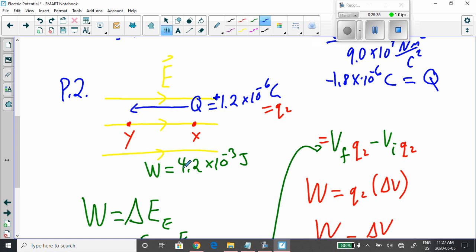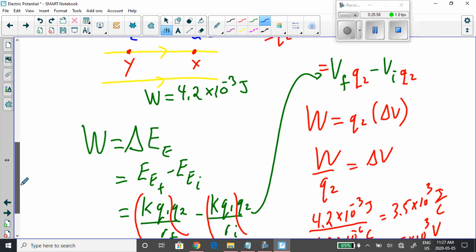It takes 4.2 times 10 to the negative 3 joules of work to move it from here to here. So since this value is positive, I'm actually working against a repulsion as I'm moving this positive charge towards here.